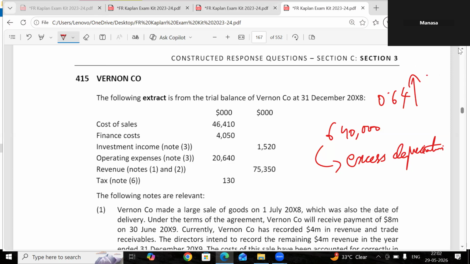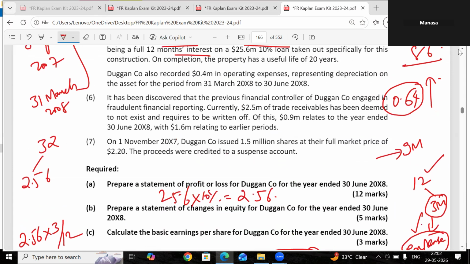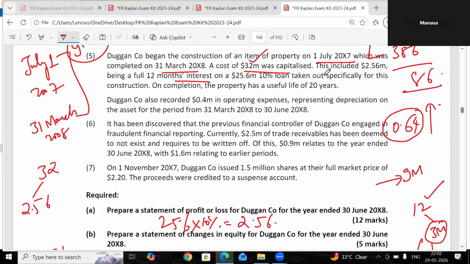So where is that? On completion, the property has a useful life of 20 years.